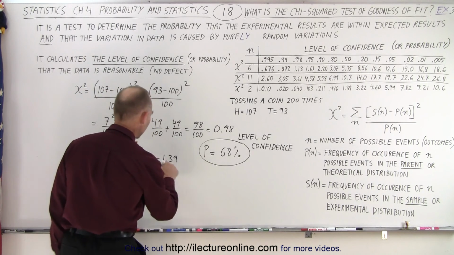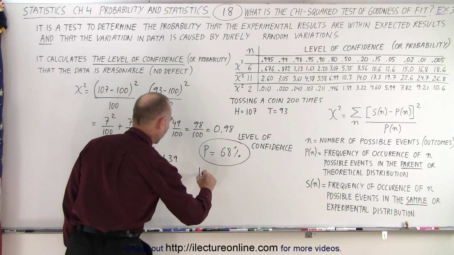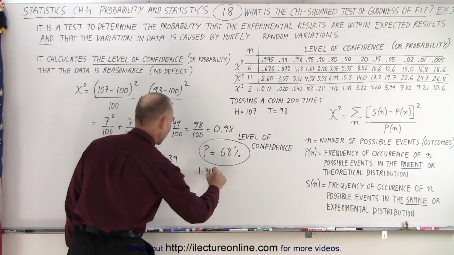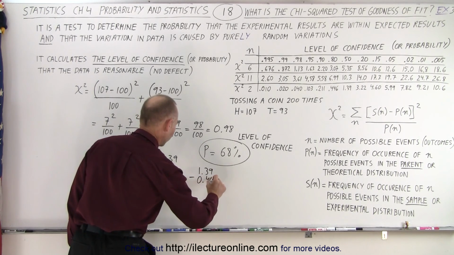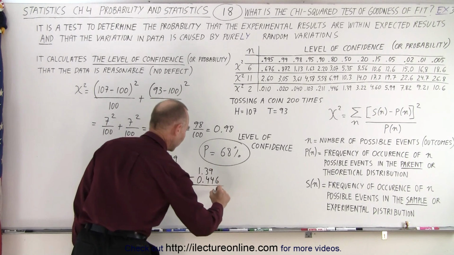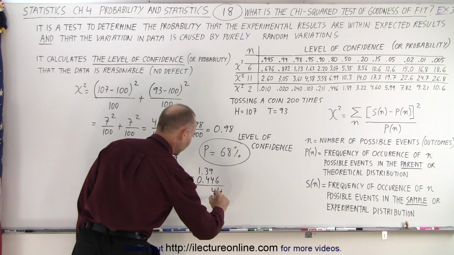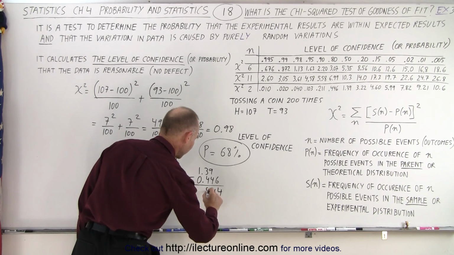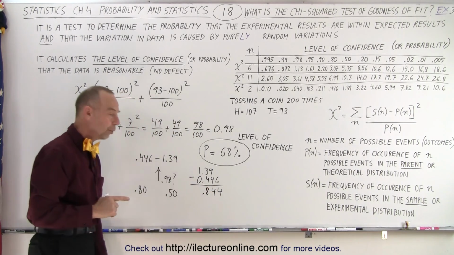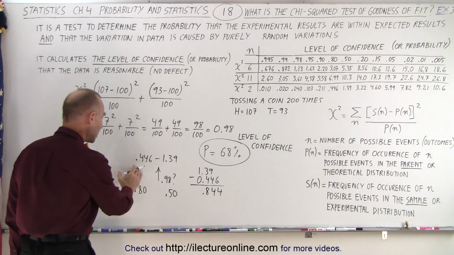So let's see what the difference is. We're going to take 1.39 and subtract from that 0.446, which is 0.844, the range from here to here.